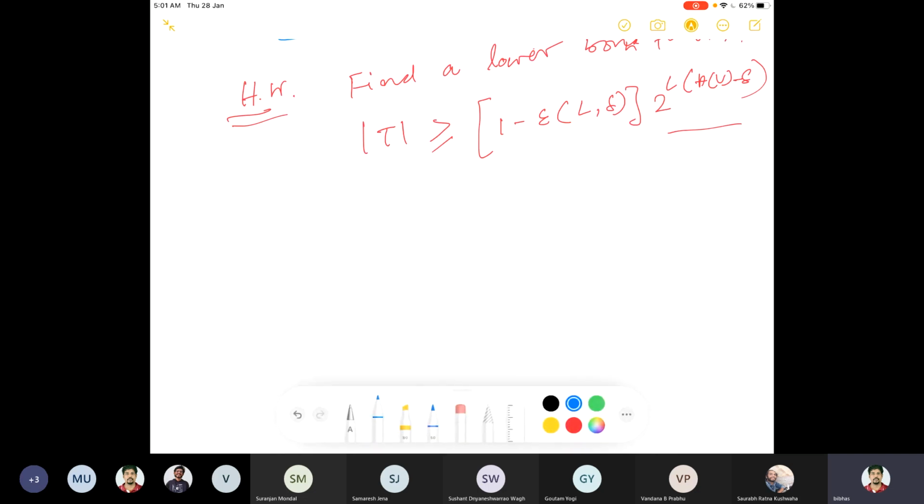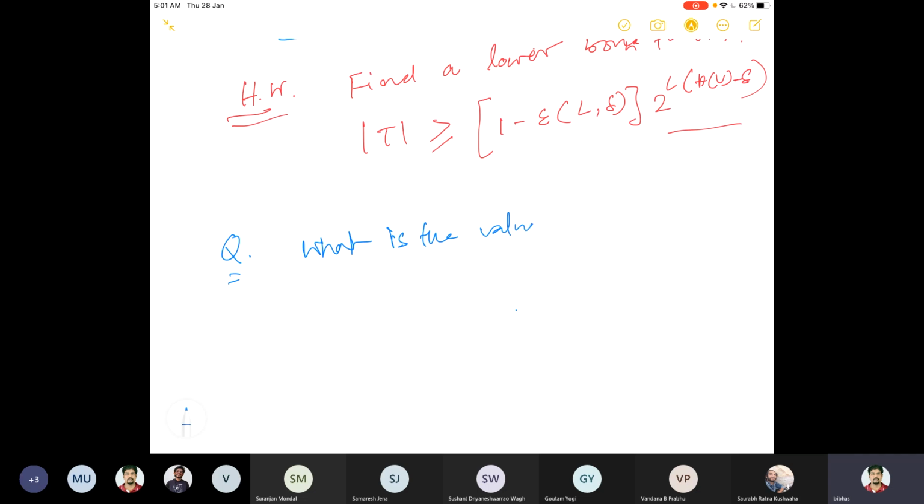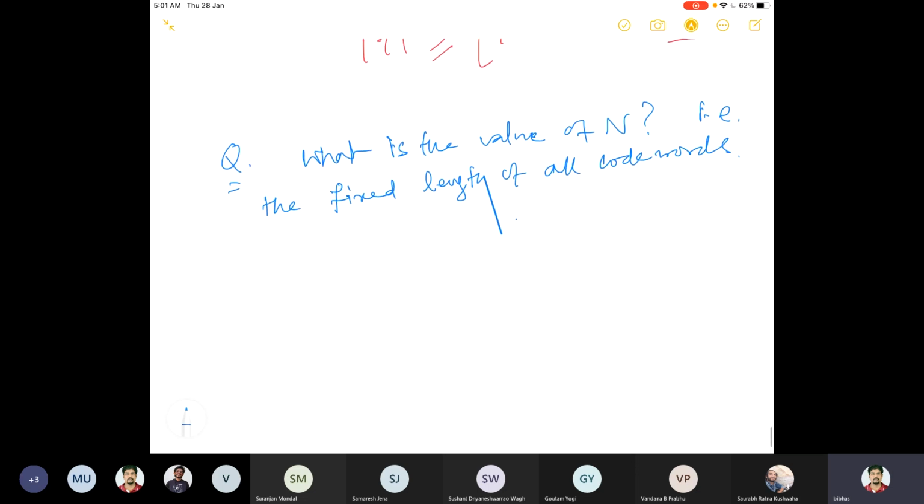Now we'll answer it. So the question is, how to decide the value of n, that is, the fixed length of all code words. Okay, this was our original question.